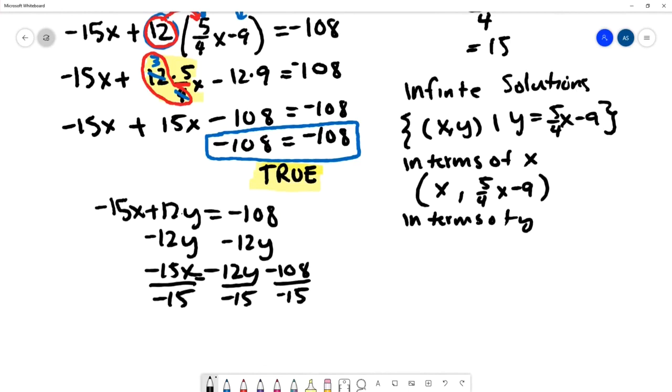And I get x equals, and 12 over 15 is going to reduce down to 4/5 y. And 108 divided by 15, I'm doing that in my calculator, that's 7.2, so let's reduce it instead. Let's see, 3 goes into both of those. 108 divided by 3 is 36, and 15 divided by 3 is 5. Okay, so we'll leave it like that.